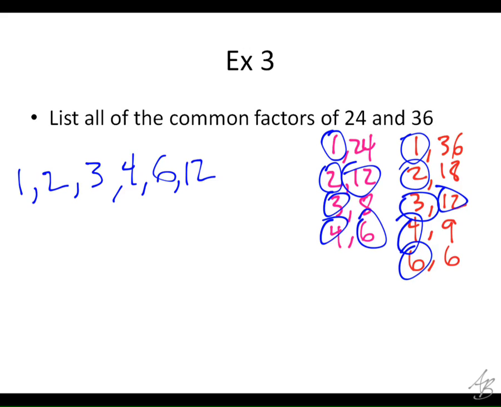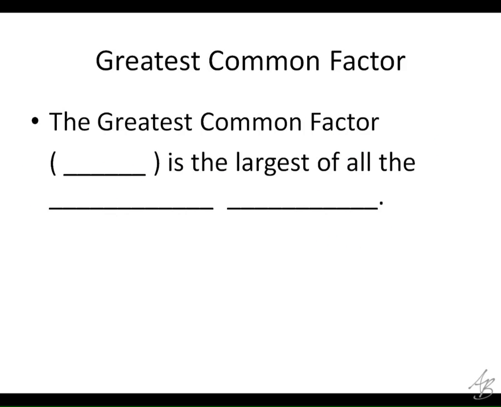All right, so one more thing to add on. We're talking about greatest common factors today, right? So I'm missing one of the words there, the greatest common factor. We know what a common factor is. What's a greatest common factor? So out of all those numbers we just listed, what's the greatest common factor? 12. Why? It's the largest out of all of the common factors.